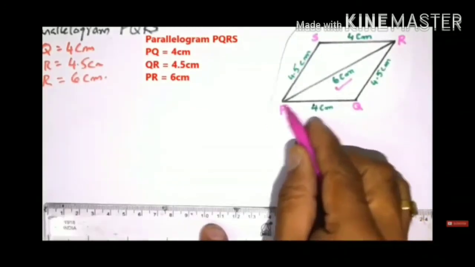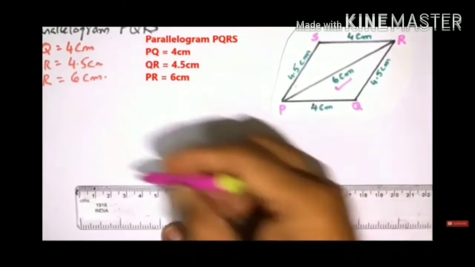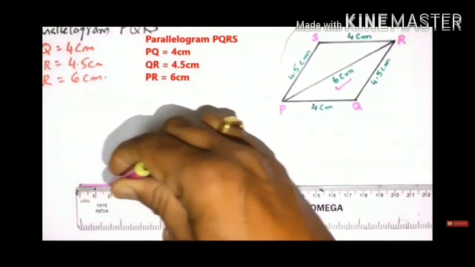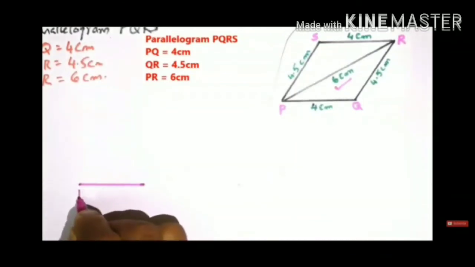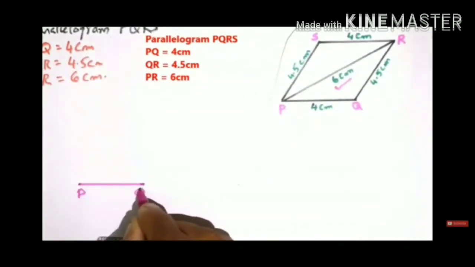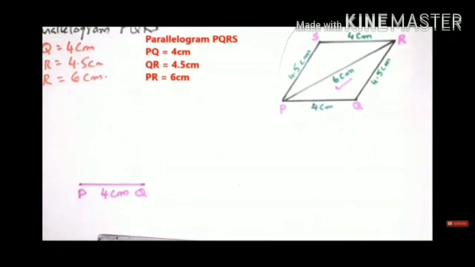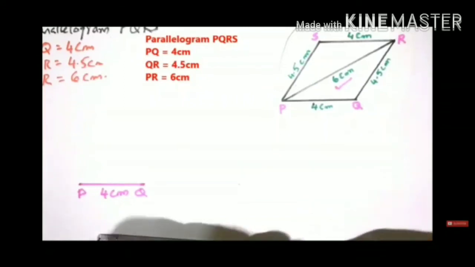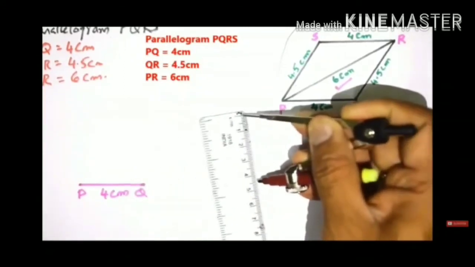First take PQ as base, that is 4 centimeter. PQ. Now take the compass and measure 4.5, that is QR, with scale 4.5 centimeter radius.